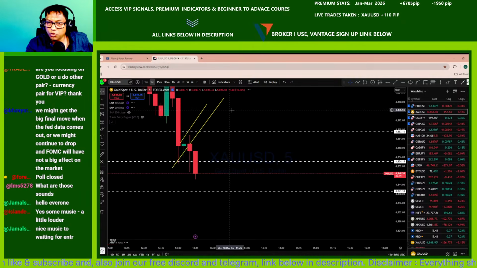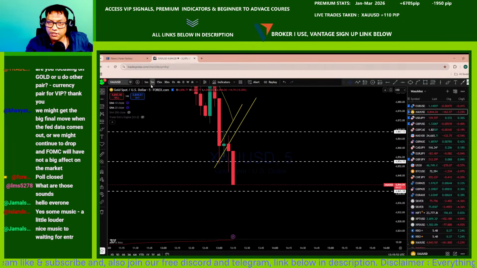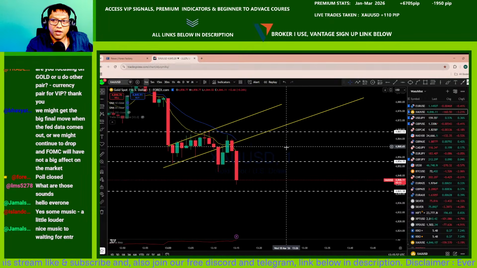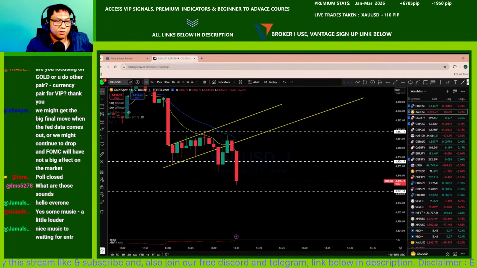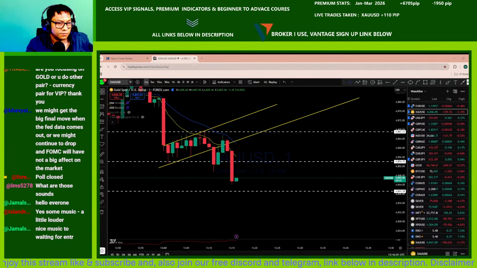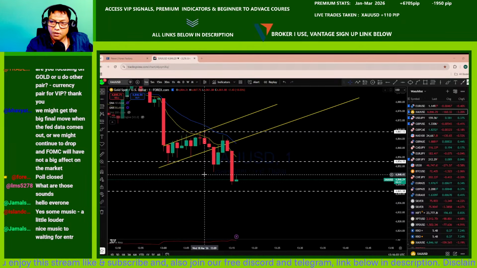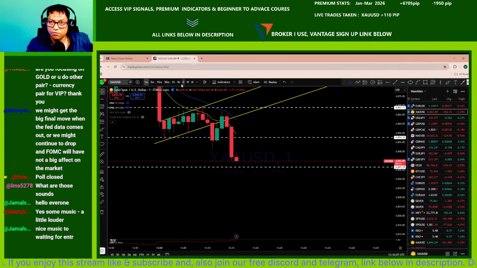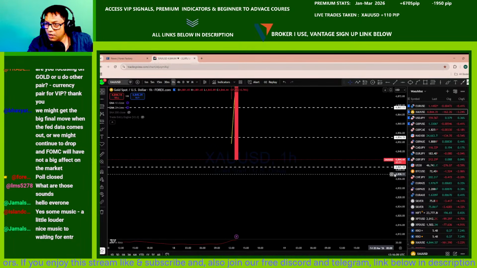This is a bearish move, and the market is maintaining the downtrend here, as this is a falling market, and has managed to break below. There might be more drop coming.